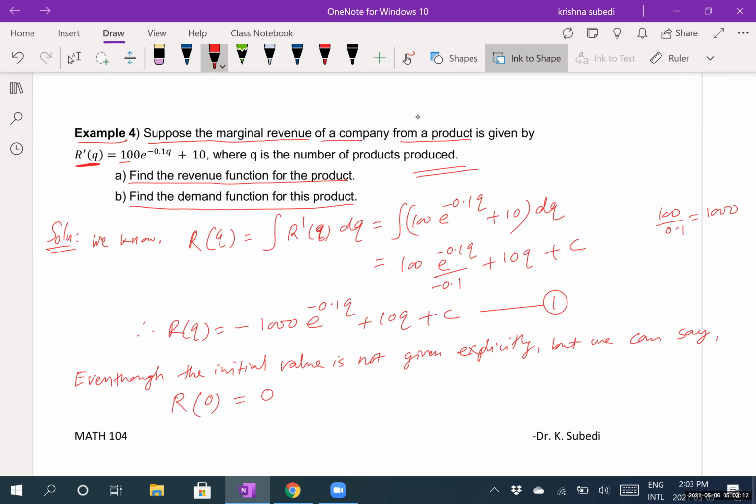Can I say that? When you sell 0 product, your revenue will be 0. It's safe, right? It's just the common sense. We already know that. Even though the initial condition is not given, but this one is just a common sense.